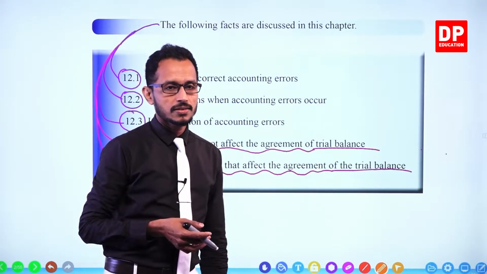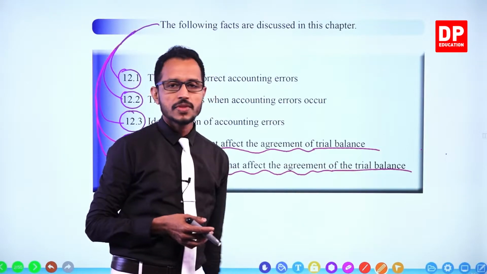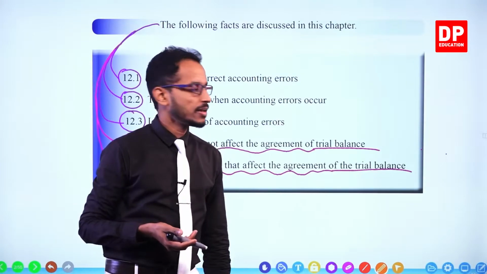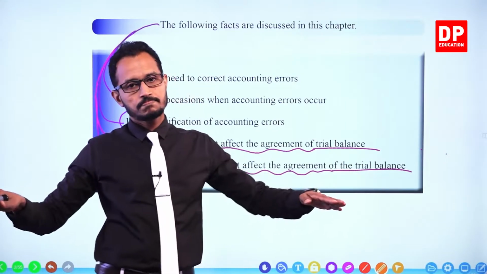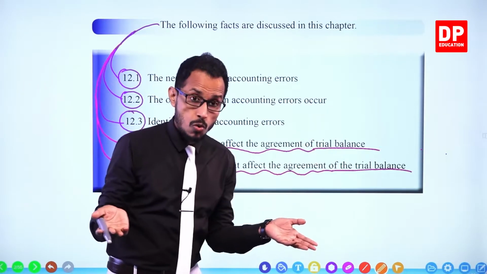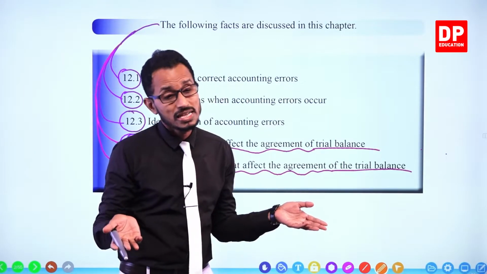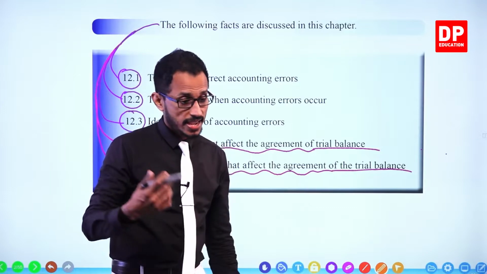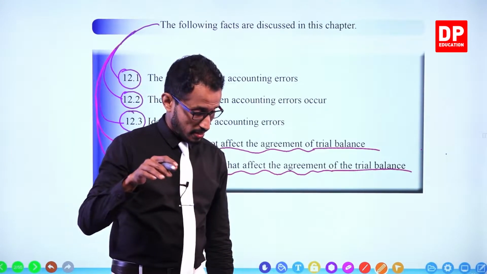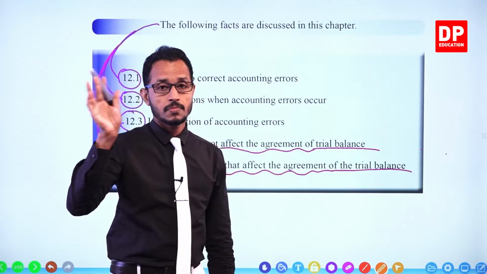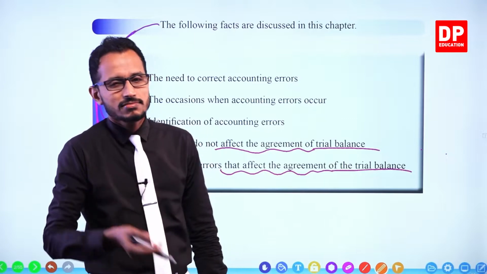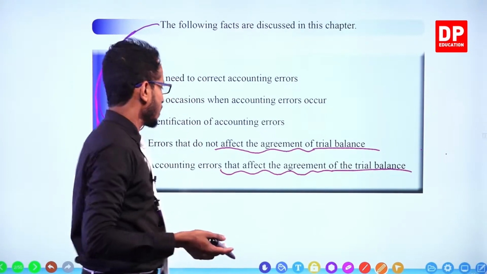When these errors are there in our accounts, we have made mistakes, errors, and the trial balance does not balance. Then we notice that the trial balance has not balanced, right? There must be errors, no doubt about that. Likewise, then we are certain that errors are there.